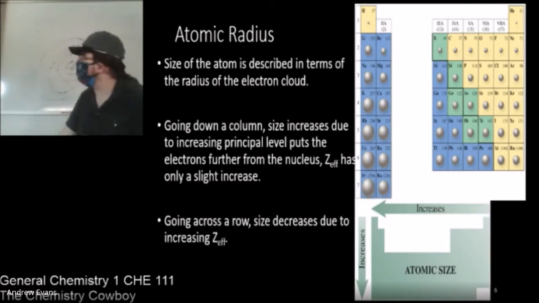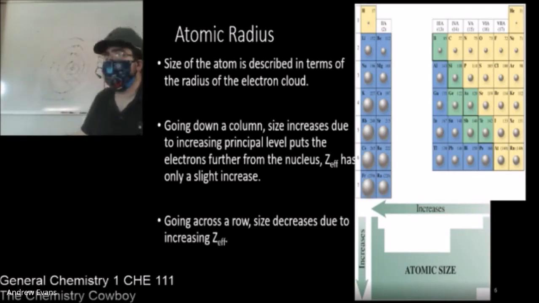As we move from top to bottom, we're adding whole new orbits. We're adding a new wing onto the prison filled with hundreds of guards. But we're adding like 2 guards to guard a whole wing. So they're getting bigger and bigger. They're less well guarded. So we're getting further and further away from the nucleus.